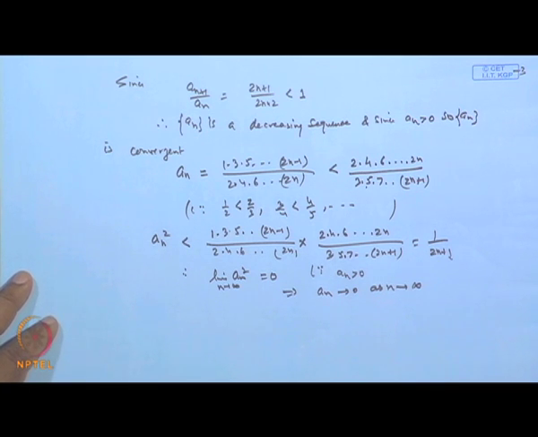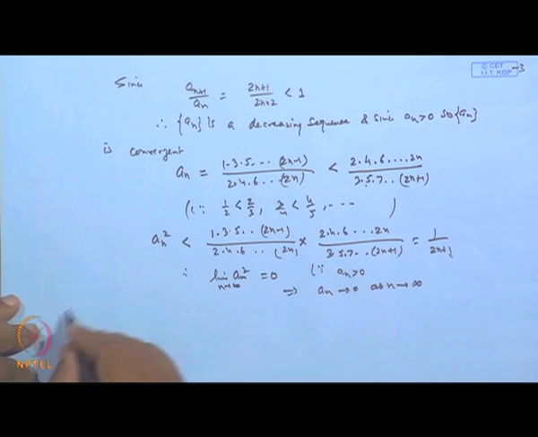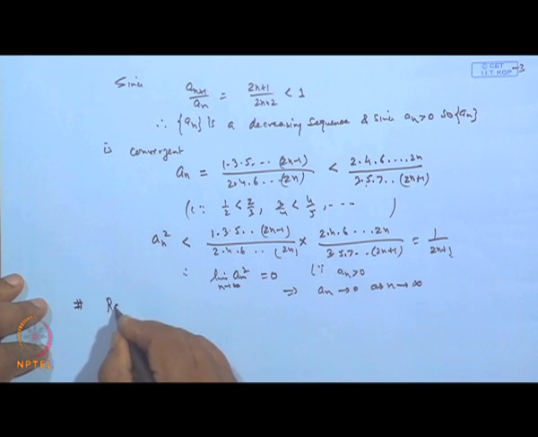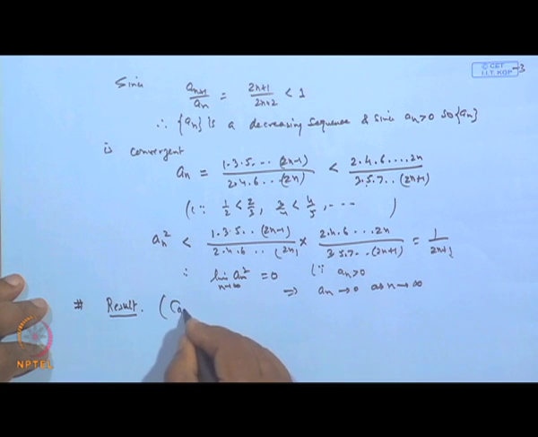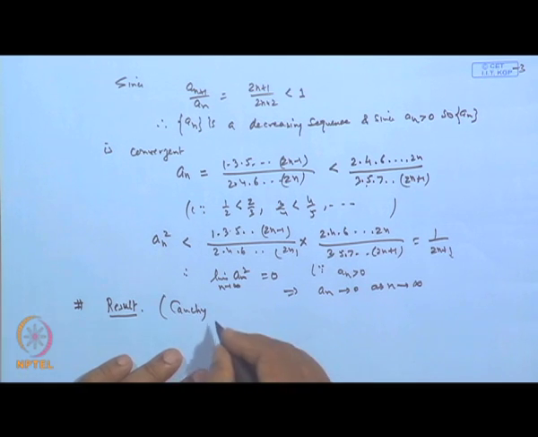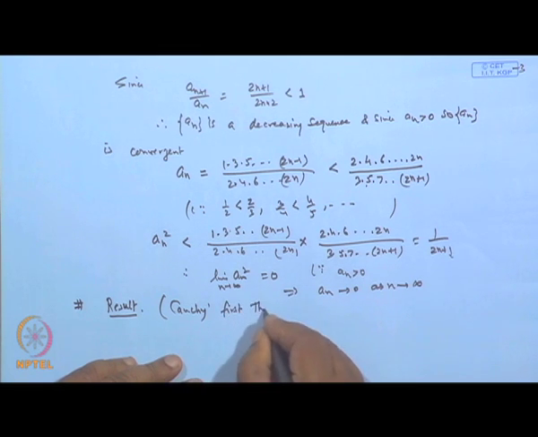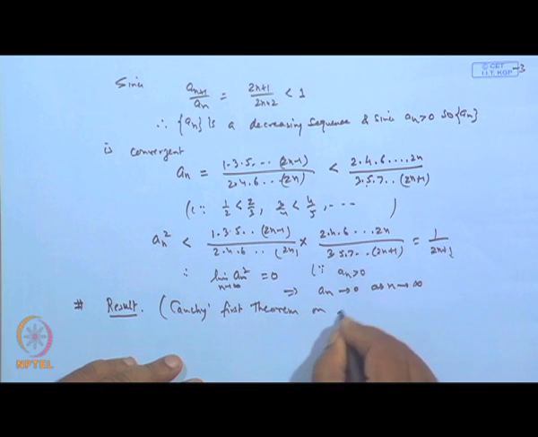Now, there are others also, but before going further, let us take one result which is given by Cauchy, known as Cauchy's first theorem on limits.